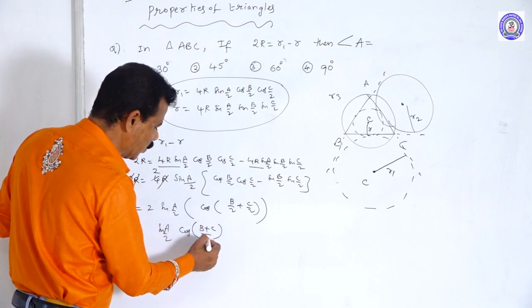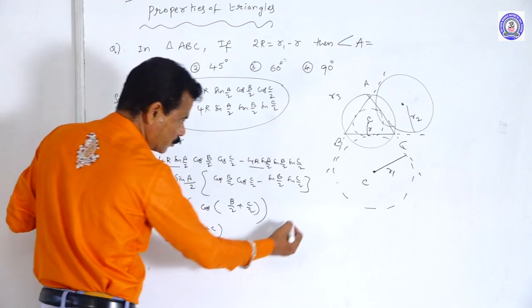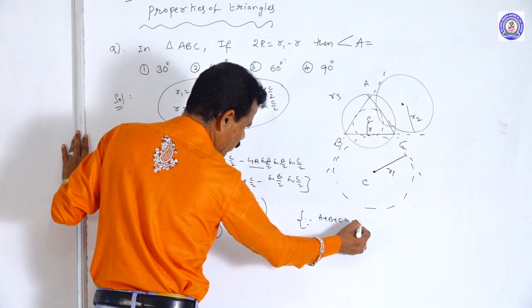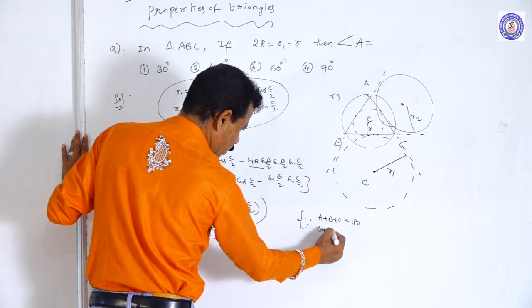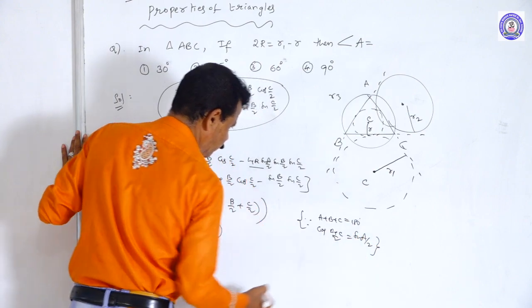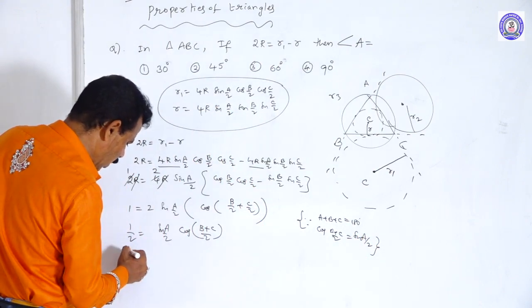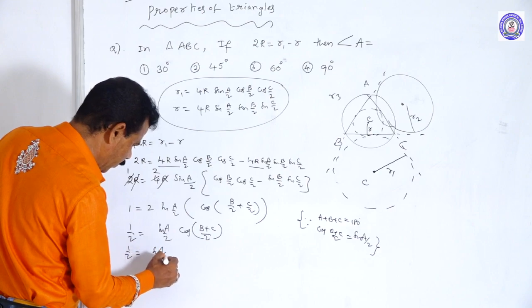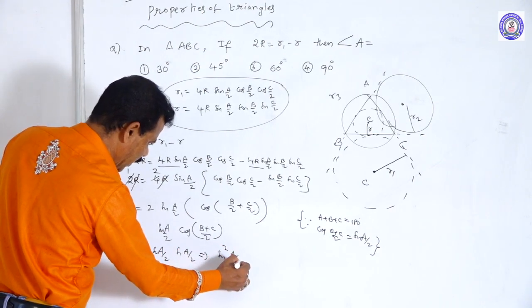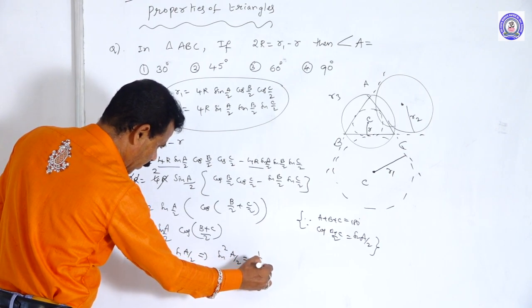Since A plus B plus C is always 180 degrees, cos (B plus C) by 2 is equal to sin A by 2. So 1 by 2 is equal to sin A by 2 times sin A by 2. From this, sin square A by 2 is equal to 1 by 2.